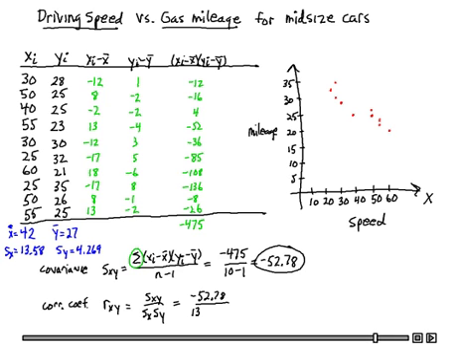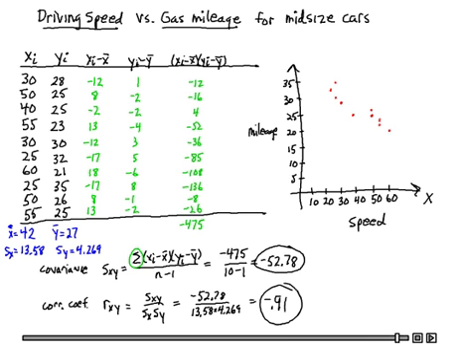The standard deviation of the x values is 13.58, and then I've got to multiply that by the standard deviation of the y values, 4.269, and being careful to divide that total product into the negative 52.78, I get negative 0.91 as my correlation coefficient.